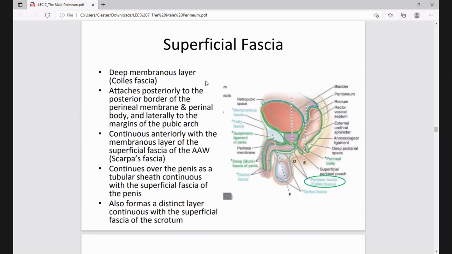But the other layer, the one that contains less fat, the deep membranous layer of the superficial fascia, will become your Colles fascia.